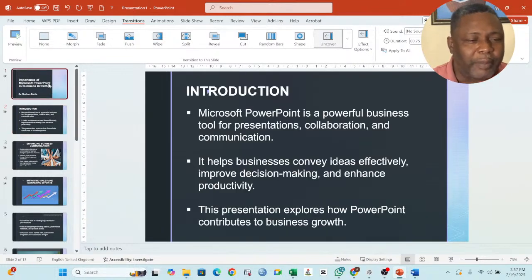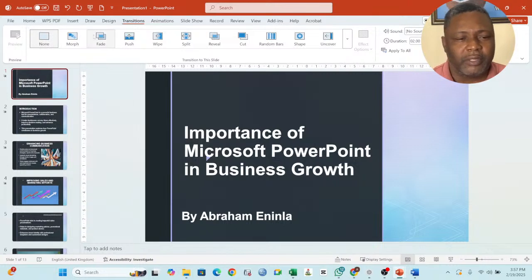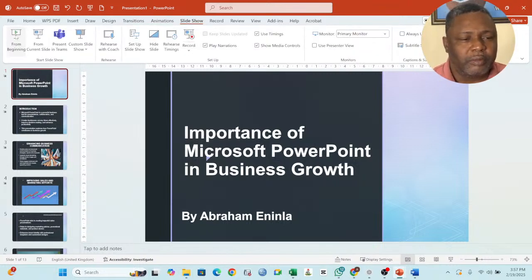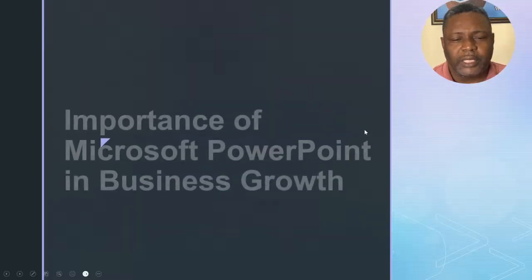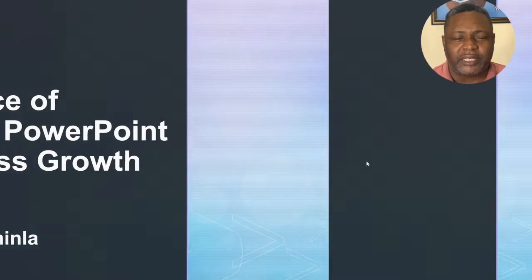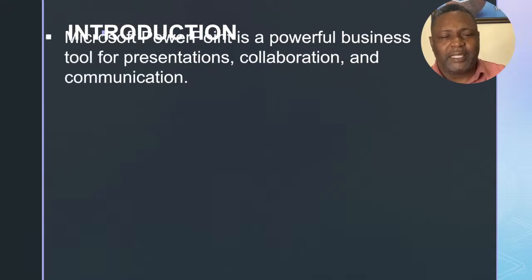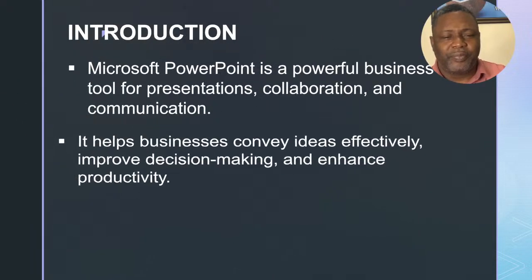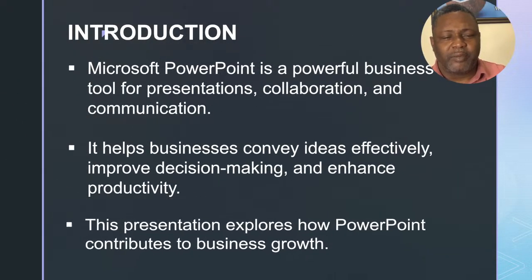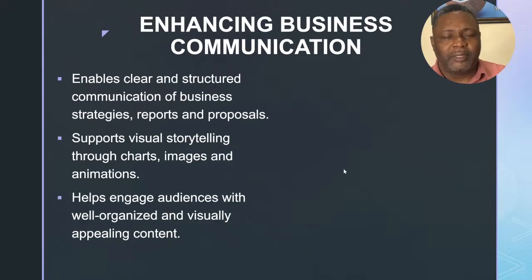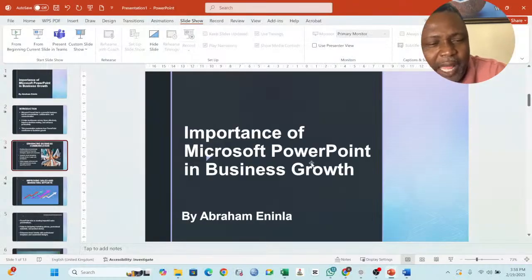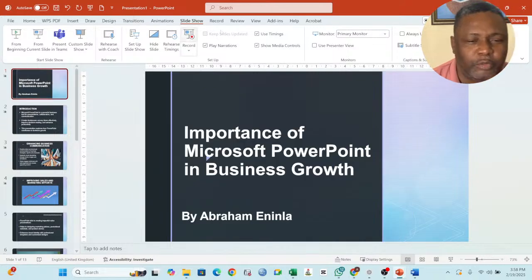If I apply Uncover as a transition and then say slideshow from beginning, you will see that by the time a slide finishes, it uncovers. The text are animated. We are going to another slide now. Okay, sorry, I didn't apply that to all the slides.